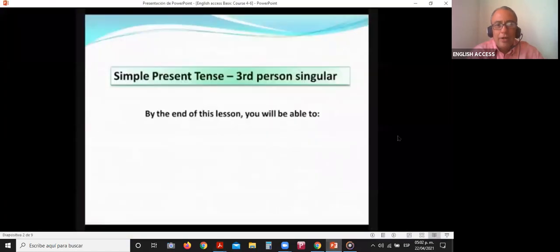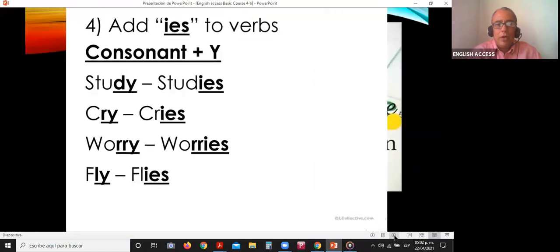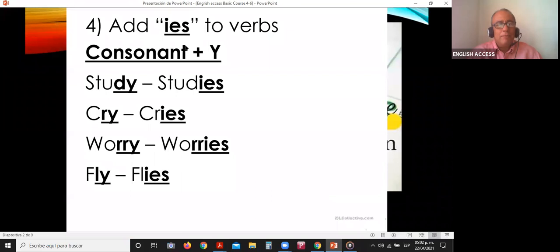This is where we are now. We are moving on. By the way, I forgot to show you this. Some verbs end in a consonant plus Y. So when we have a consonant and Y, we have to modify the verbs.